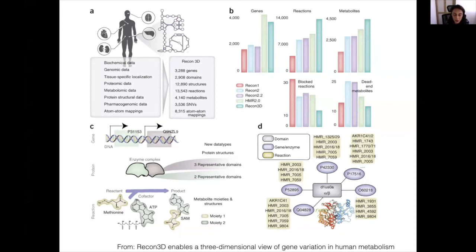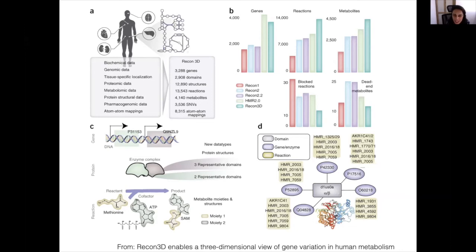The latest, Recon 3D, includes information on 3,200 open reading frames that encode metabolic enzymes catalyzing 13,500 reactions involving 4,100 unique metabolites, along with protein structure information from the Protein Data Bank and metabolite structures. It is capable of performing flux balance analysis to integrate and interpret a variety of emerging data types, including linking mutations identified from human variation data or The Cancer Genome Atlas.